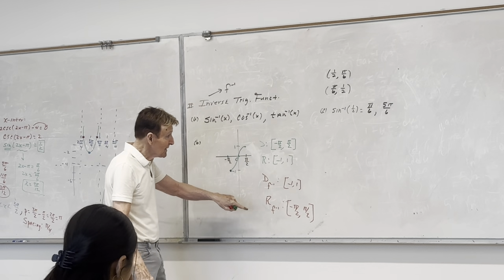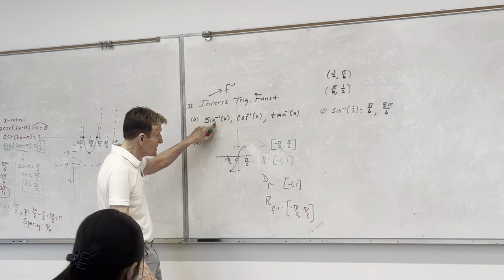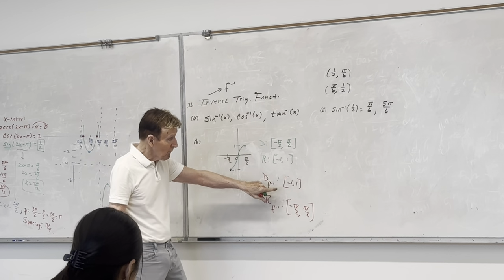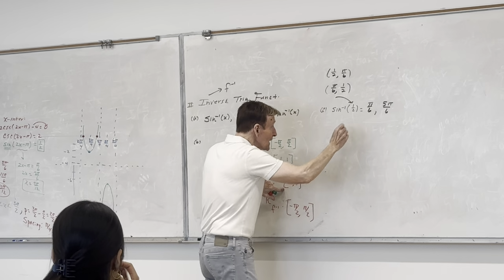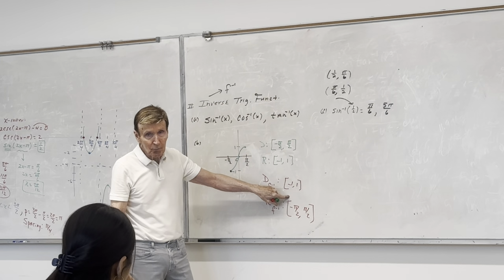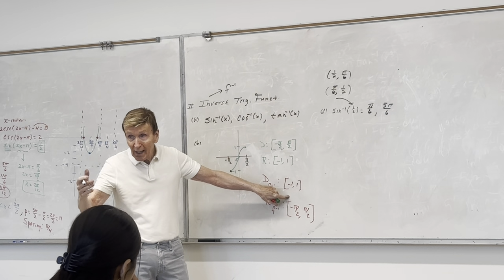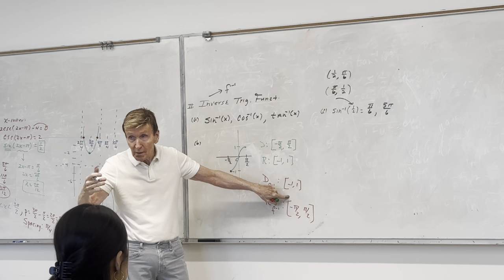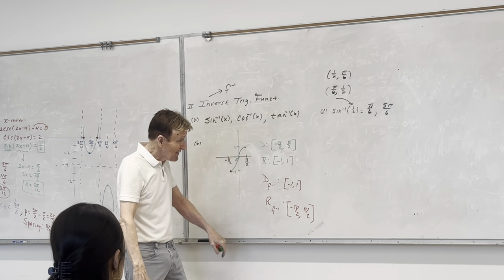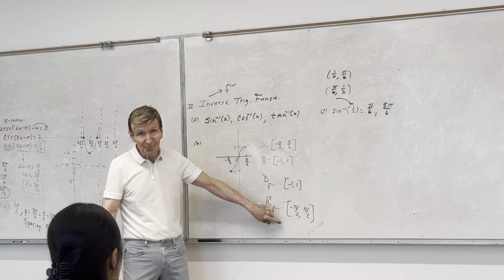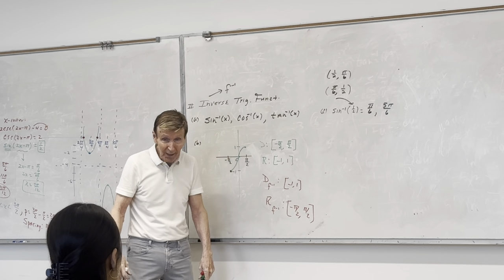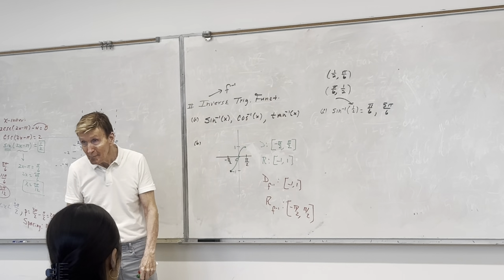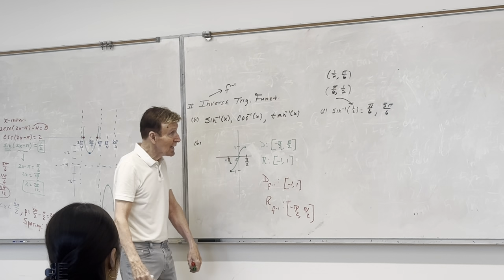Now look at this, guys. The domain on my inverse sine has to be caught between -1 and +1. Did I use a number like 1/2? Is that caught between -1 and +1? So I satisfied that. The answer, which is a range, must fall by restriction between -90 and +90.